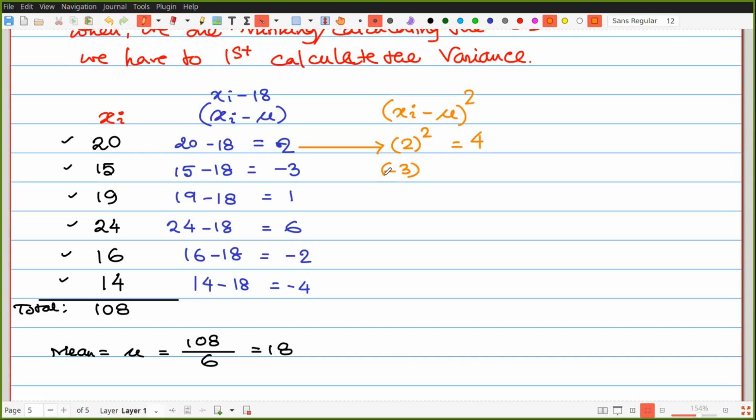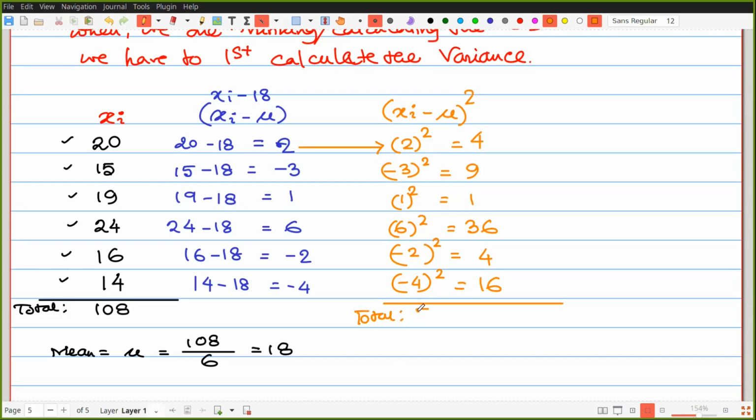Minus 3 squared, that is 9. 1 squared, that is 1. 6 squared, that is 36. Minus 2 whole squared, that is 4. Minus 4 whole squared, that is 16. Find out the total. That means the summation of xi minus mu whole squared is 70.